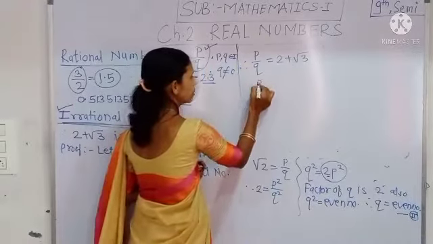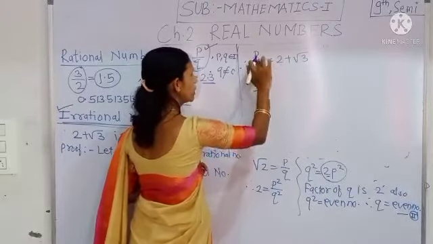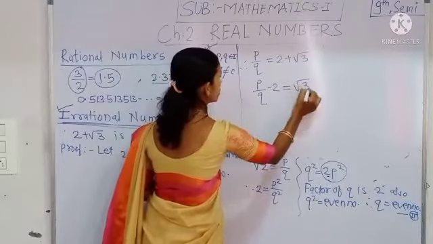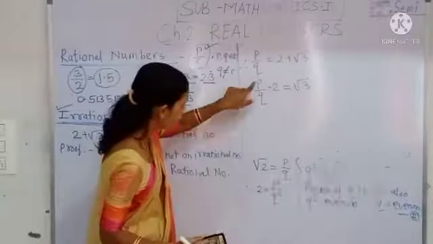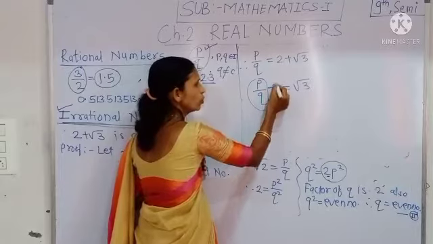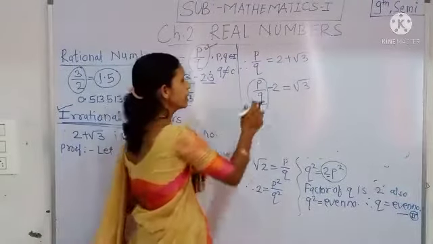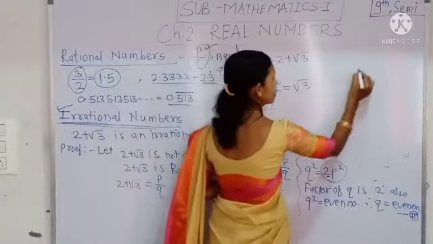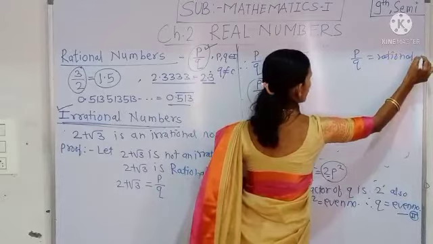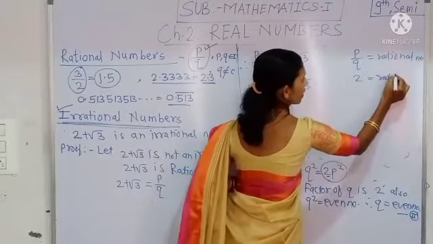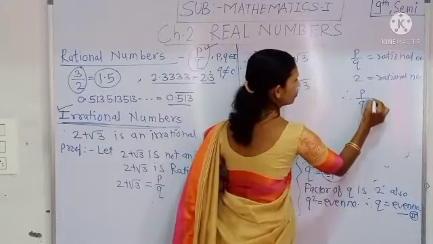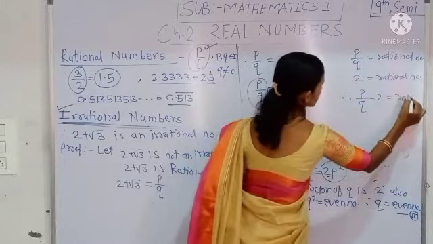Therefore, see here P upon Q, taking 2 to the other side, P upon Q minus 2 is equal to root 3. Here P upon Q is a rational number and 2 is also a rational number, therefore P upon Q minus 2 is also a rational number.